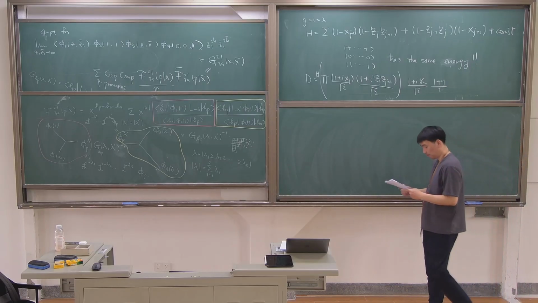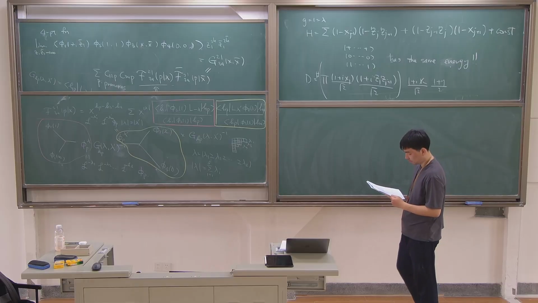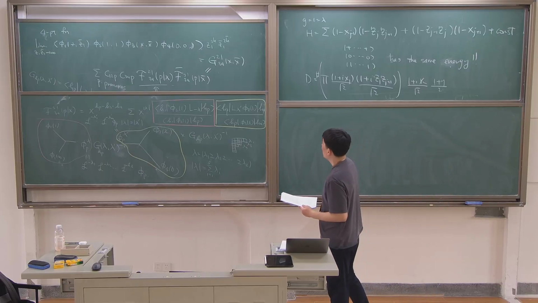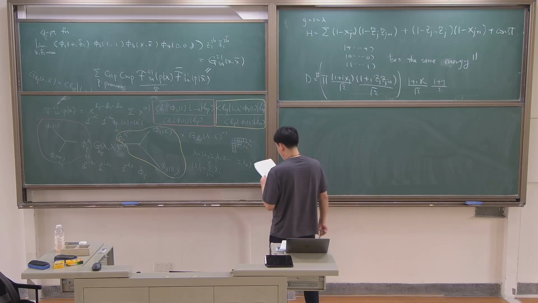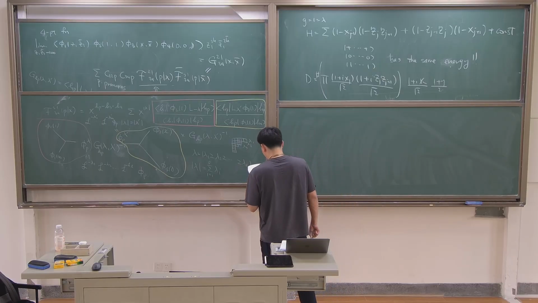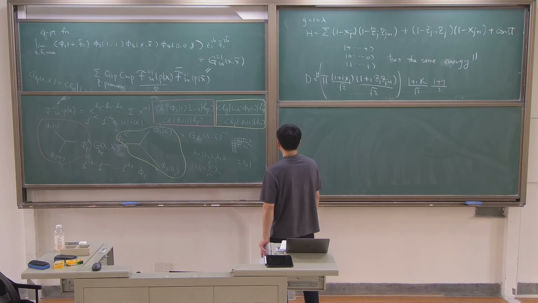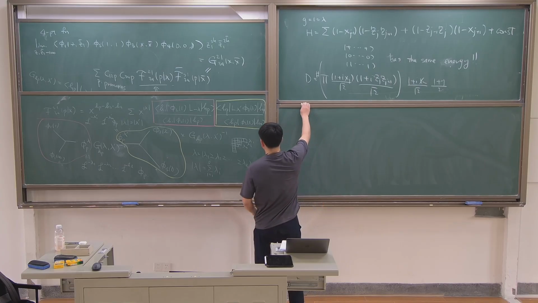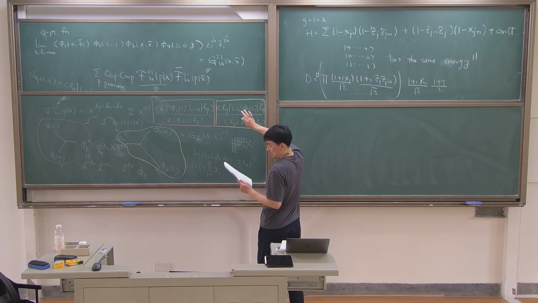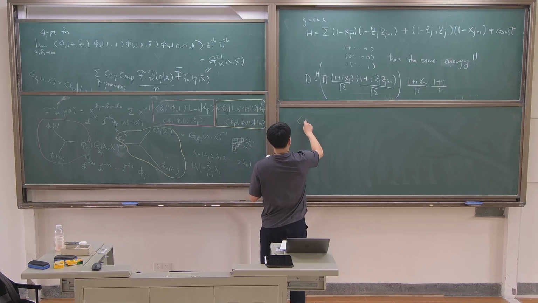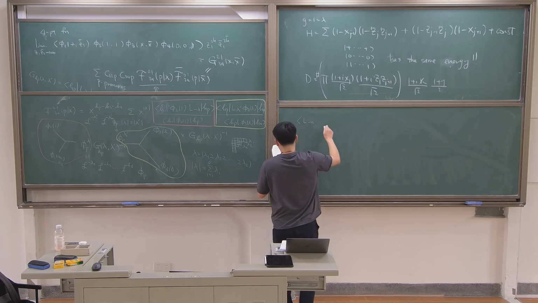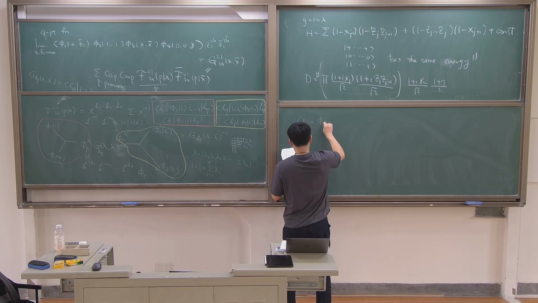In fact, let's consider the following thing. Let's look at this one first and compute this one, phi p with L minus lambda prime.